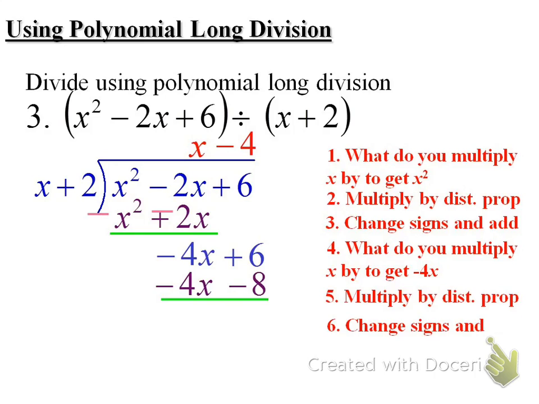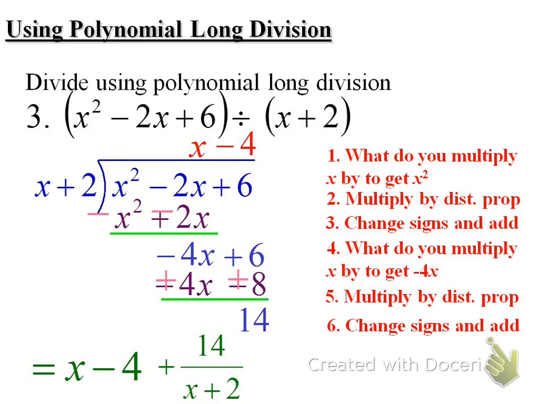We're subtracting those, so go through and change your signs and then combine like terms. So we get a remainder of 14 on this one. Remember, we write remainders as fractions over what we were dividing by. So we get x minus 4 plus 14 over x plus 2.